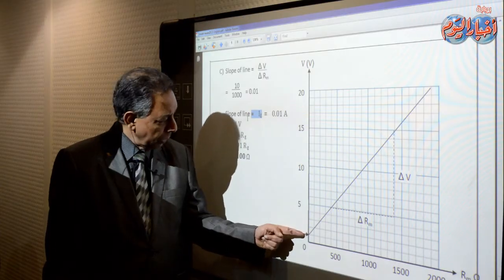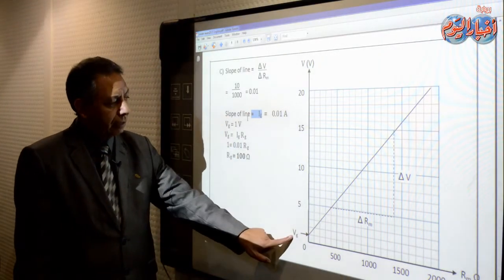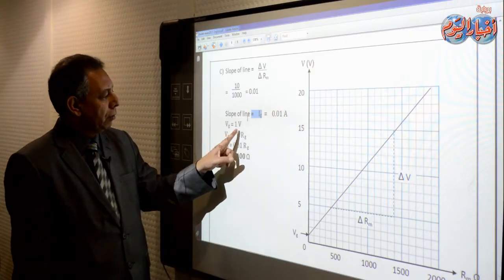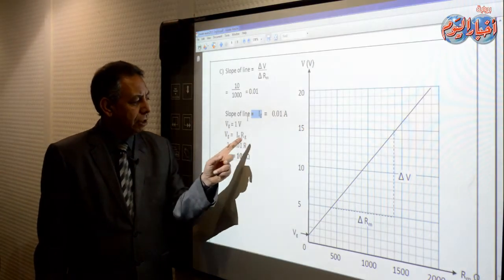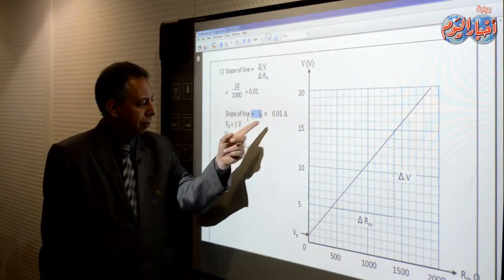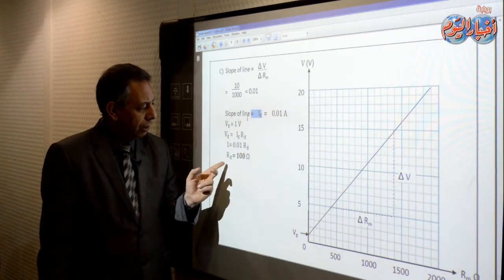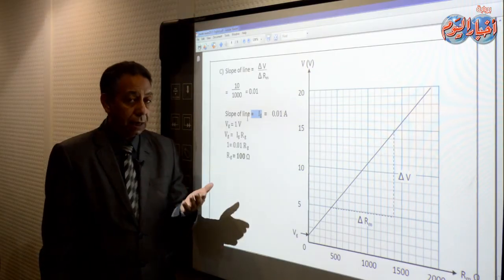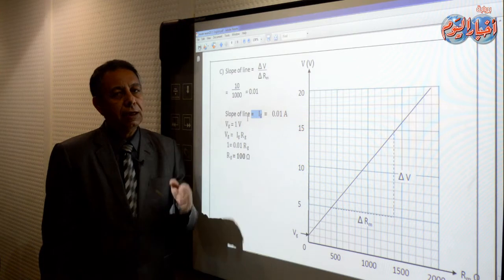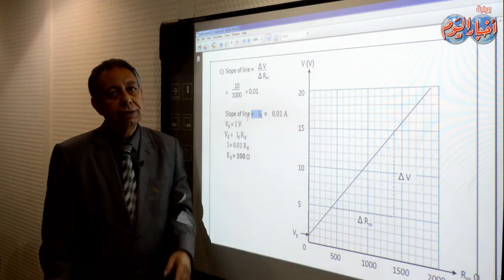So that is 1 volt, Vg, on the axis of V. So Vg equals 1 volt. Vg equals Ig Rg, and Ig is 0.01, which we got from the slope. So Rg can be calculated and equals 100 ohms. That is a very important graph, and that is the end of our exam. Best wishes to you all.